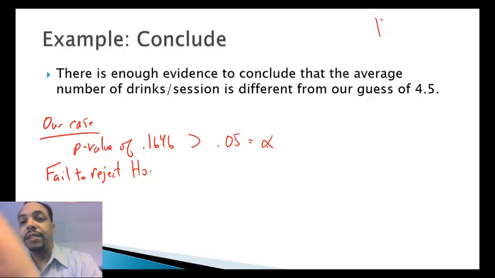And you remember you had this: mu equals 5, mu does not equal 5.